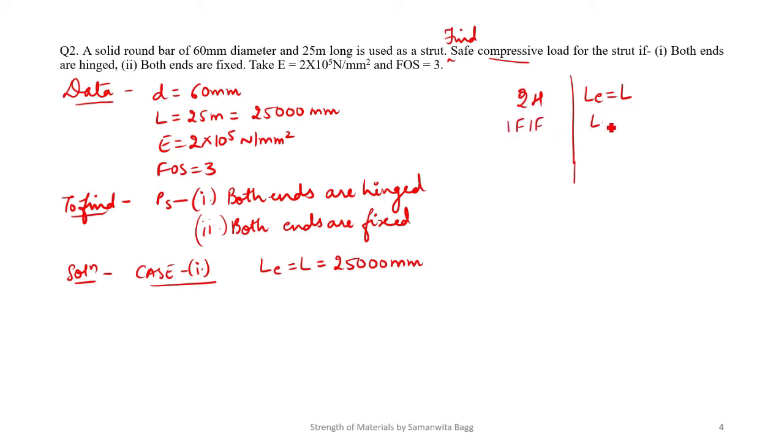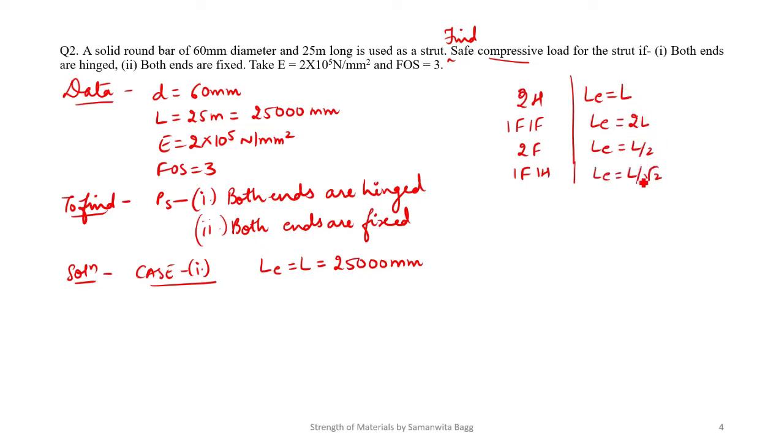For that, my LE was equal to 2L. The third case was both ends fixed. For that, LE was L by 2. And the fourth case was one end fixed and one end hinged. For that, LE was equal to L by root 2.